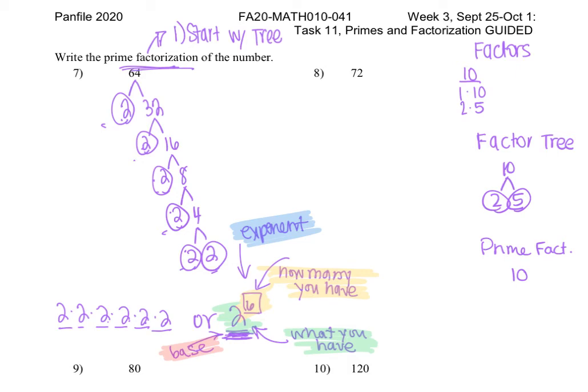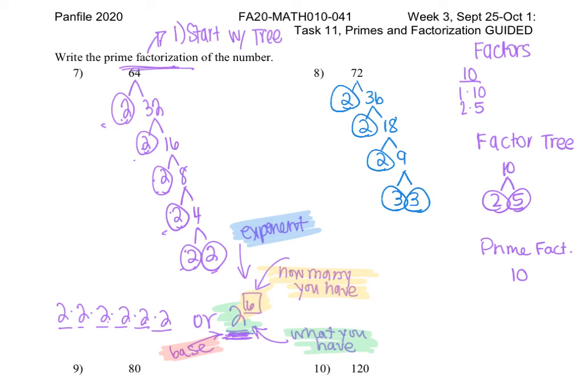Okay, so let's try it with the 72. 2 and 36, circle your 2. 2 and 18, circle your 2. 2 and 9, circle your 2. 3 and 3, circle your 3s. So now this one's a little bit different because we have two numbers.